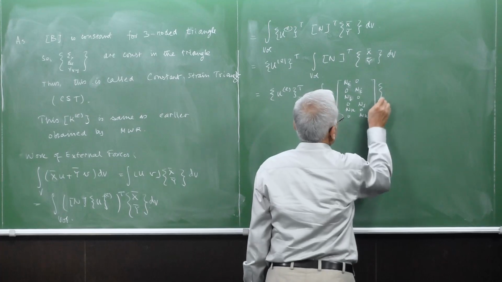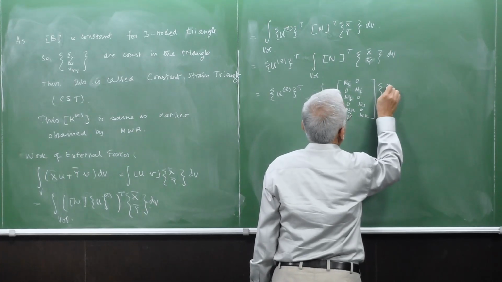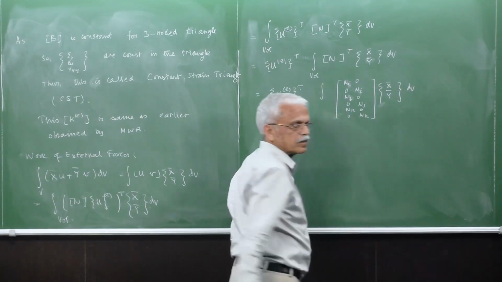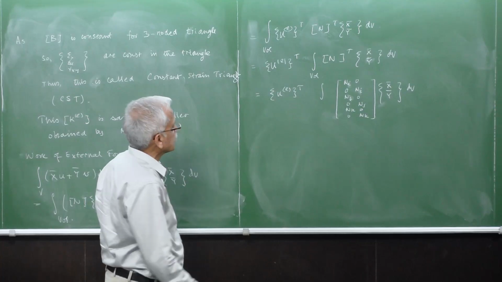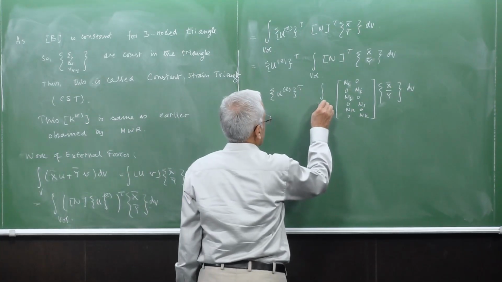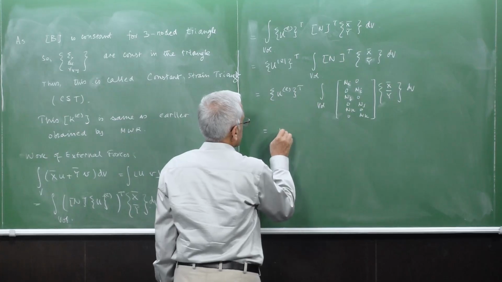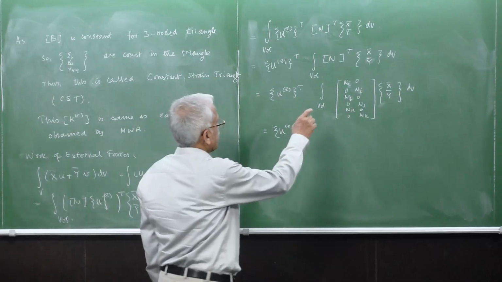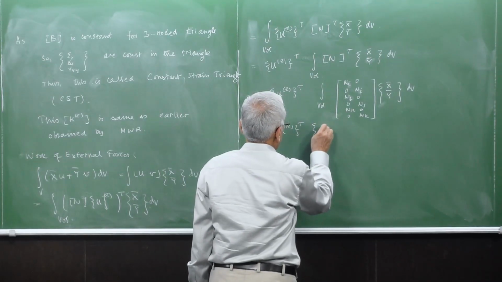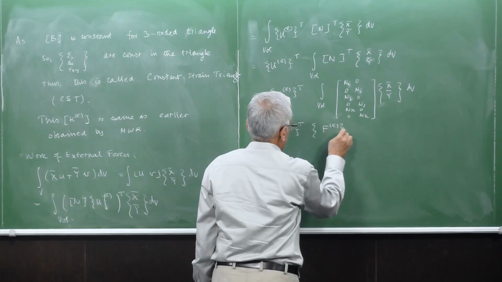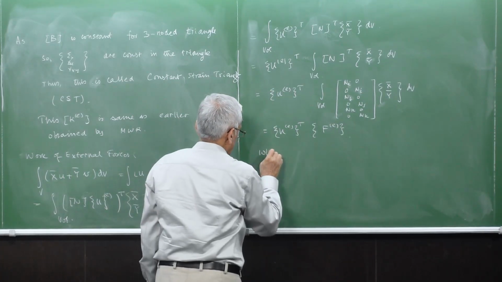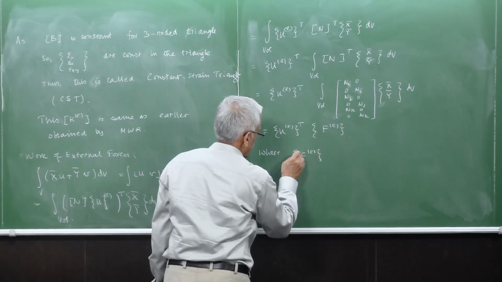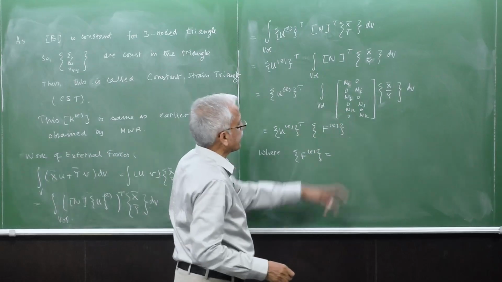So multiplying X bar, okay, so this is nothing but, let us say that this is Fe, where Fe is nothing but this one.